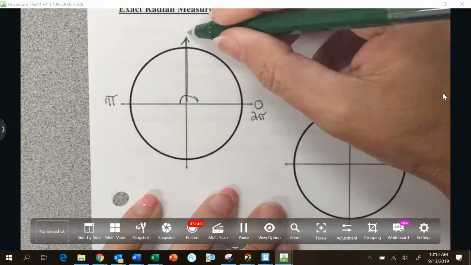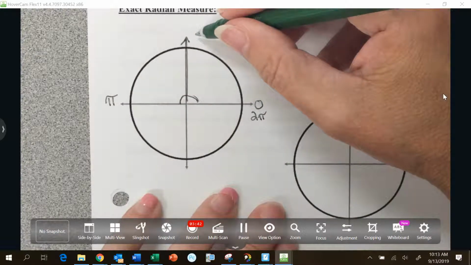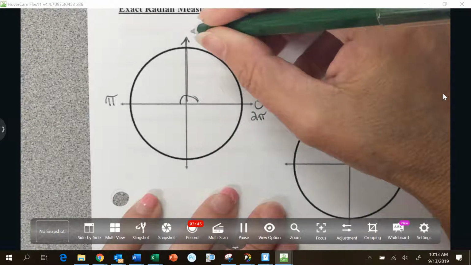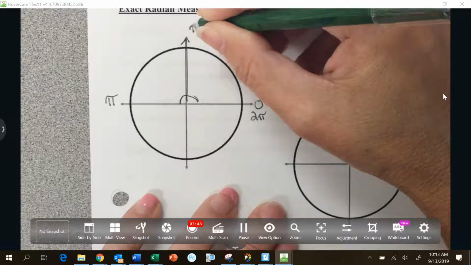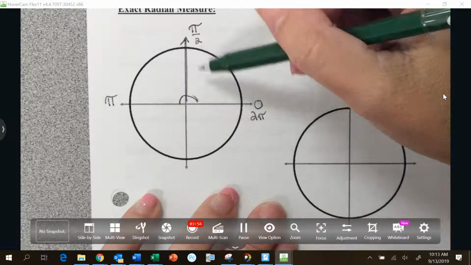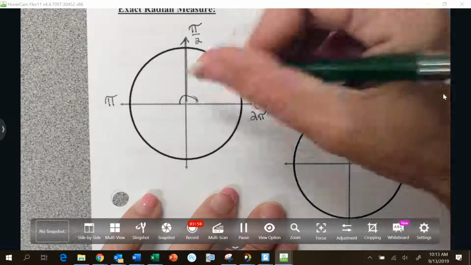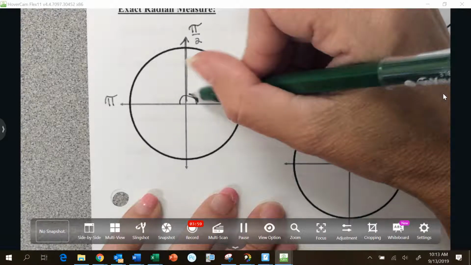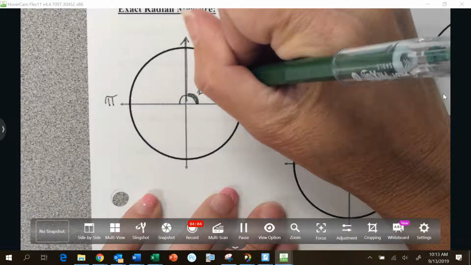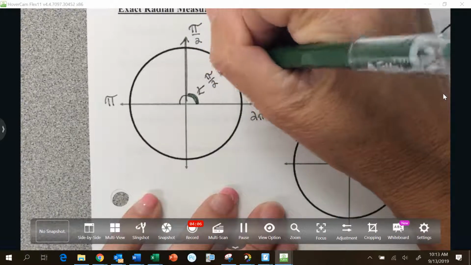What would be right here at 1/4 all the way around? It's going to be half of pi, which is pi over 2. Now, if I divide into 4 equal sections, the first section has pi over 2. That's the measurement of that angle in radians.